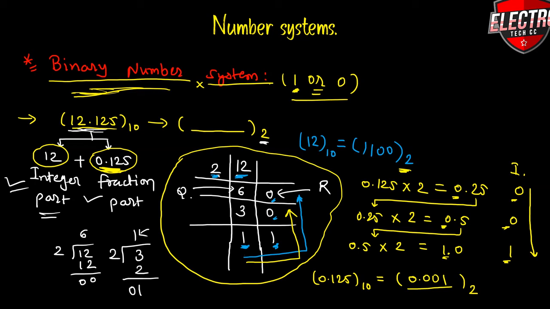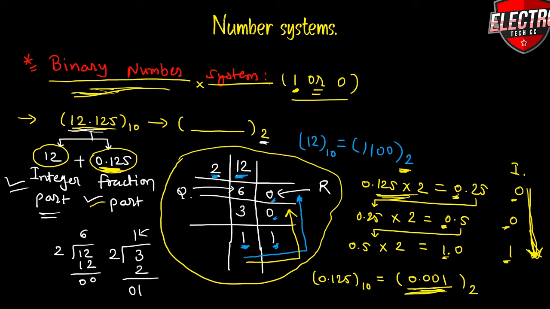For the fraction part, you have to multiply the given number by 2 and note down the integer values in each step, and then write these integer values from upside to bottom side. Then you get the answer 0.001.